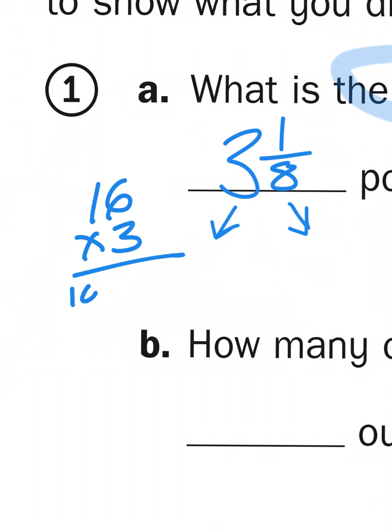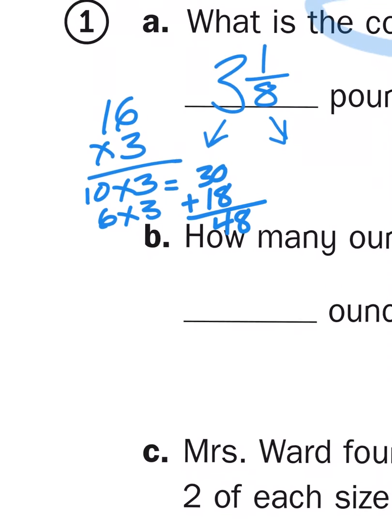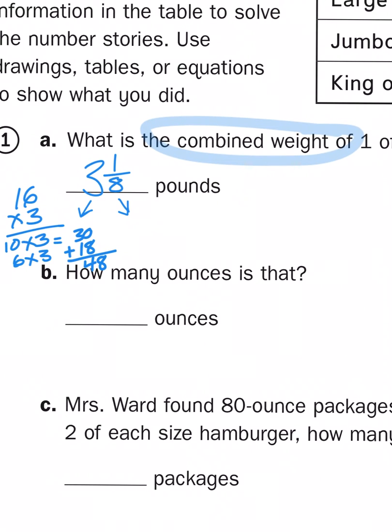If I use partial products, I get that 16 times 3 is going to give me 30 and 18, which translates into 48. 48 ounces. Okay. Now what about this fraction? Well, there are 16 ounces to 1 pound.